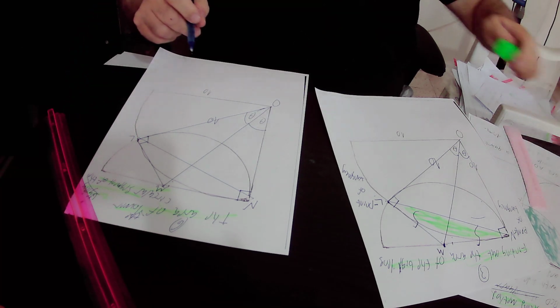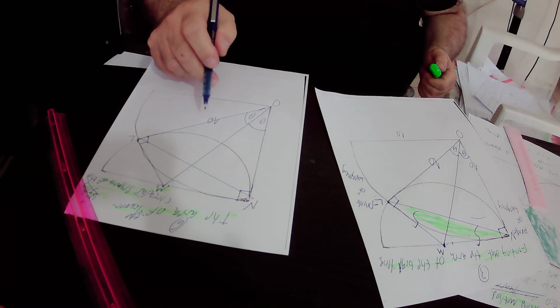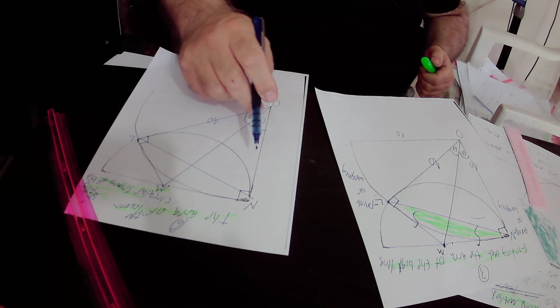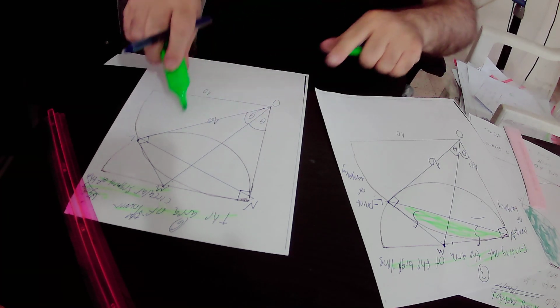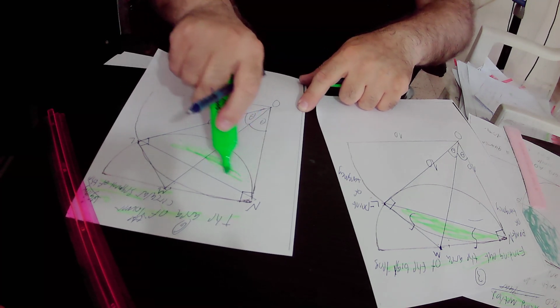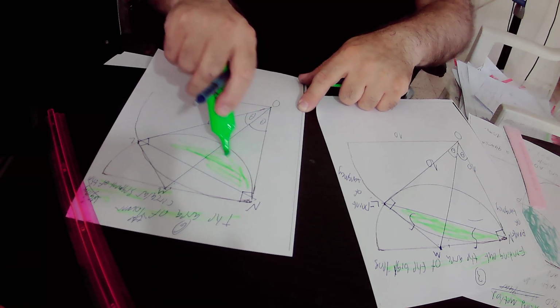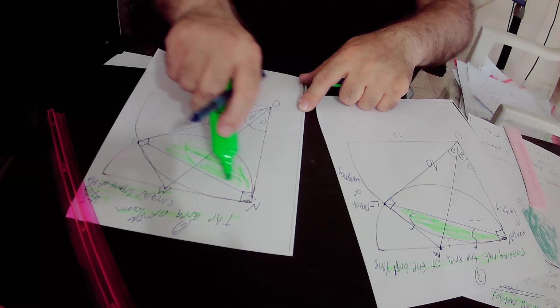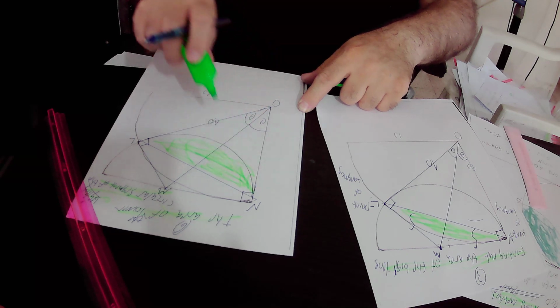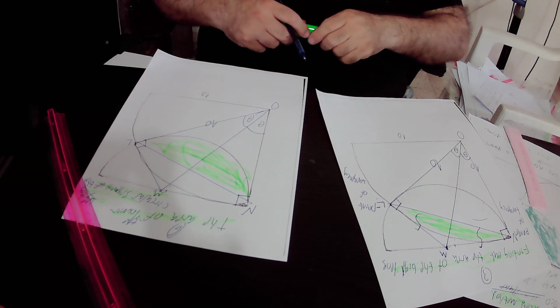I repeat again that our mission here is to find out the area of the lower circular segment of the big lens. To find out the area in the green shape. On this green shape, the lower circular segment.